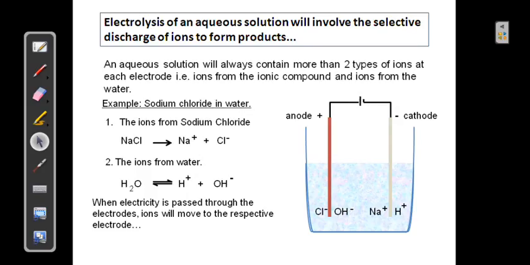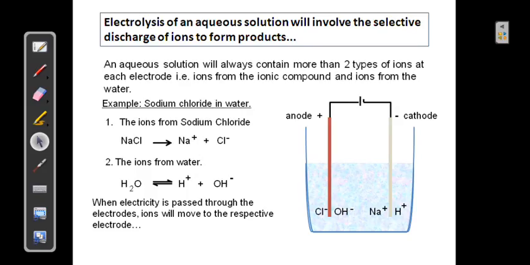Now you look at chloride ions and hydroxide ions. Both have a negative charge, so they will gather at the anode, whereas the sodium ion and the hydrogen ion, having positive charges each, will gather at the cathode.